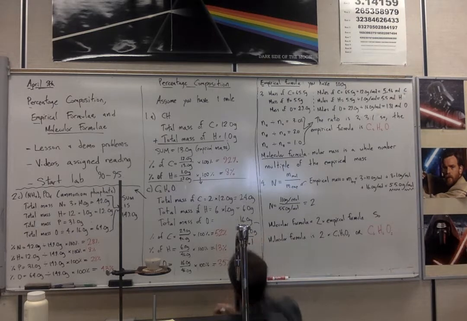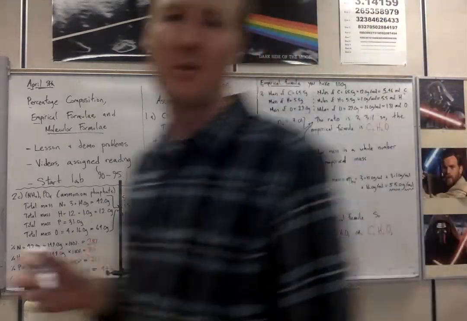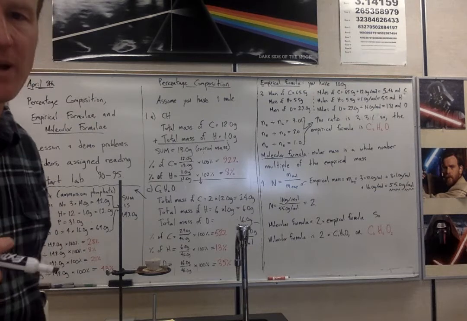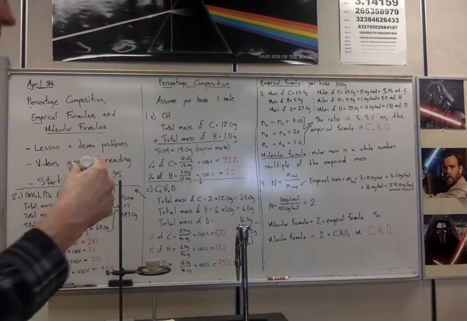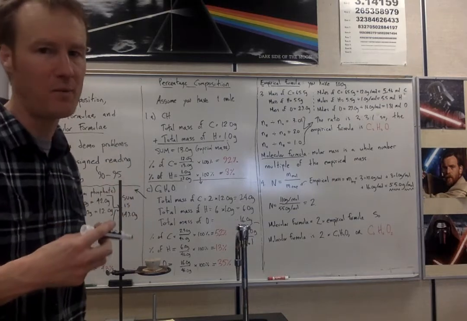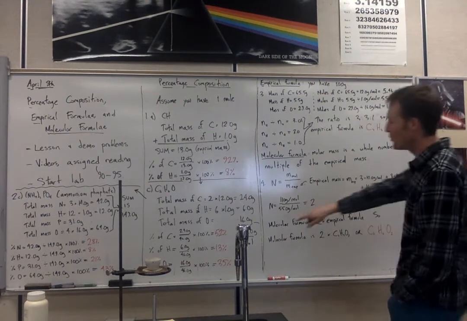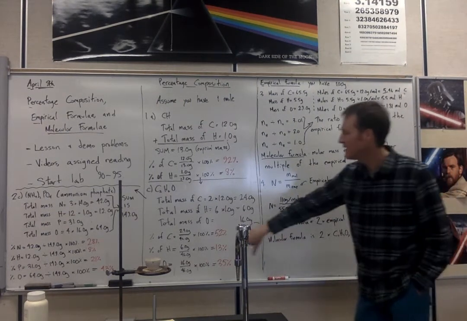So this is 46 grams per mole, but I don't want you to mistake this for a molar mass. If the chemical formula has more atoms in it than this, if the chemical formula and the empirical formula are not the same thing, this molar mass won't be correct, but we can still use it for calculating percent composition.